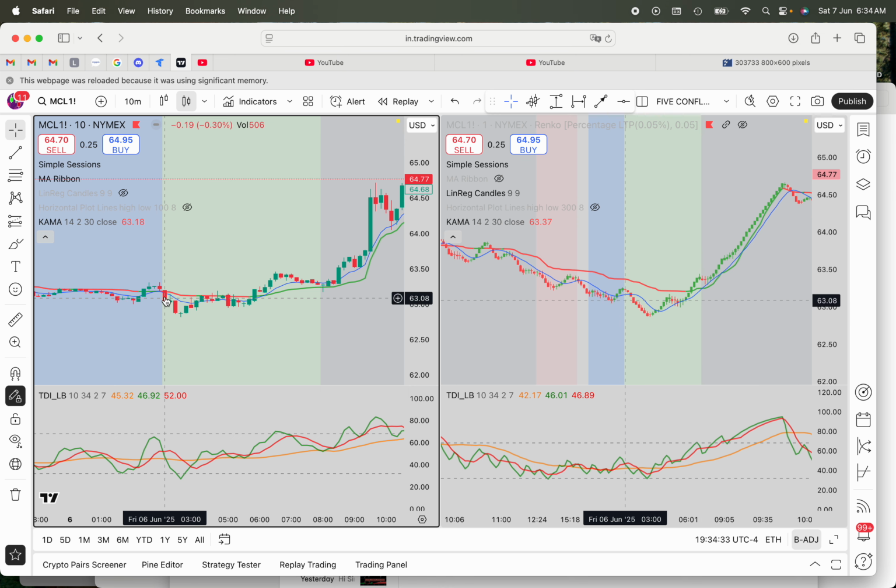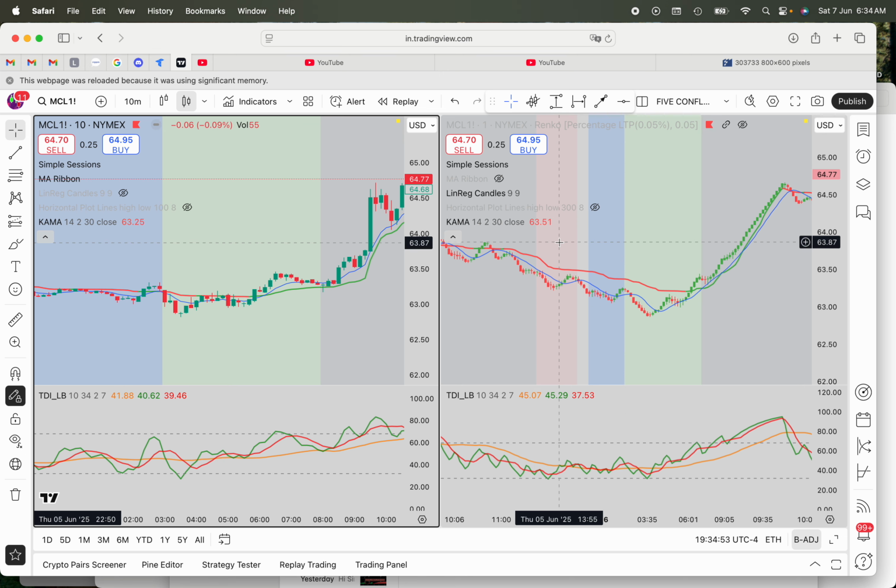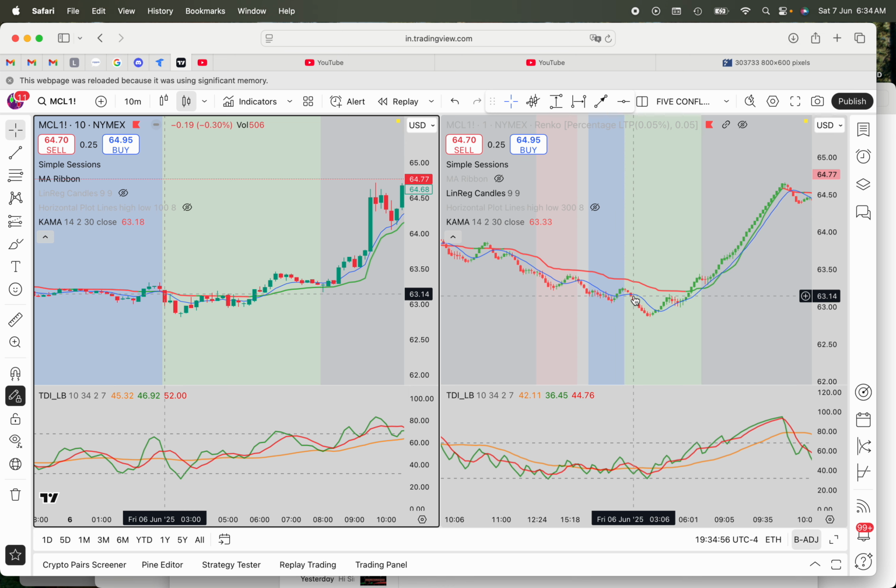So we can see on the left-hand side, this 10-minute chart, that the 9's under the Karma, and that the Traders Index has gone under the red and then under the yellow, the moving average, and that is supported by obviously the right-hand side. So in effect, you could take that trade.